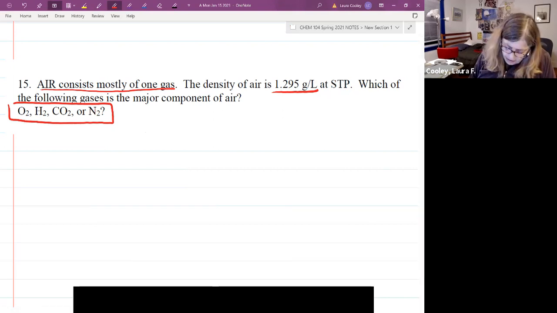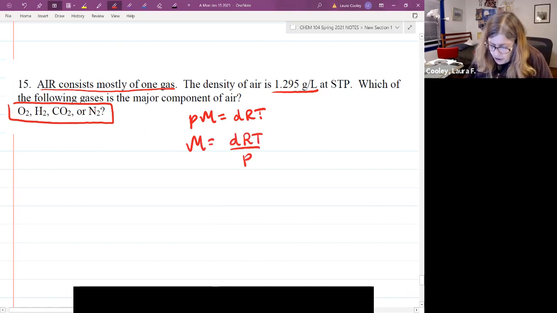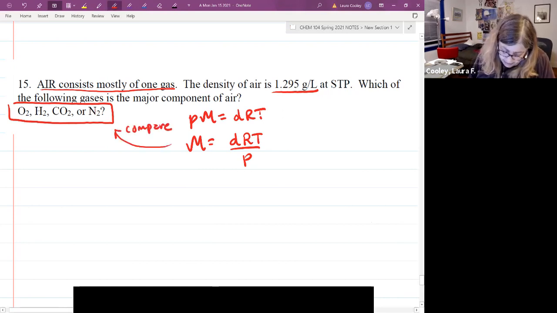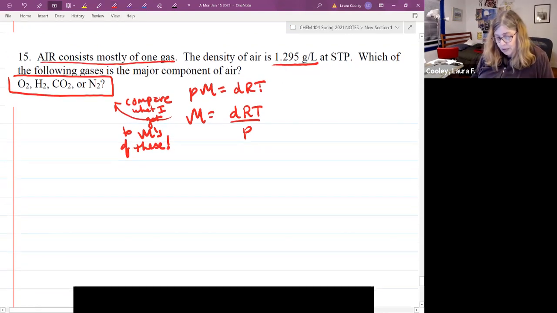Well, I'm going to use my PM equals DRT equation. What I'm solving for is the molar mass. I'm going to use this problem to find the molar mass, and then compare the molar mass that I get to the molar masses of these.